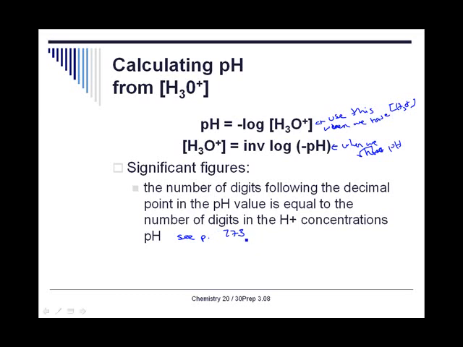Actually it starts on page 772, and it describes how to calculate significant digits when using logarithms, and there are also some examples on page 773. So try the practice problems on page 773, just to make sure you're getting your number of significant digits right when you're doing pH calculations.